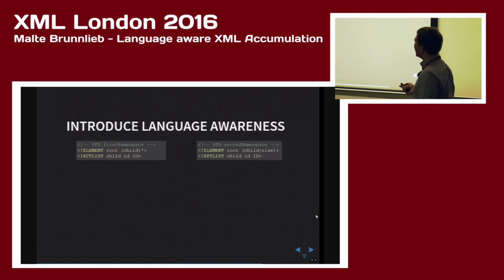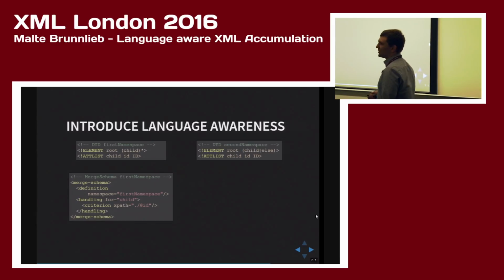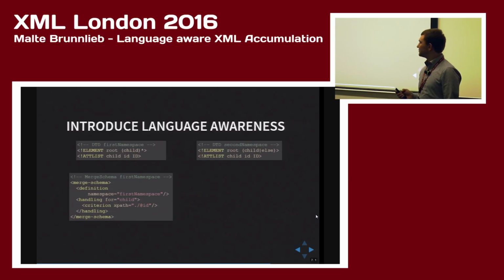And so we can have, for example, two languages here. And for each language, we can have a merge schema. And the merge schemas are then connected to some namespace.